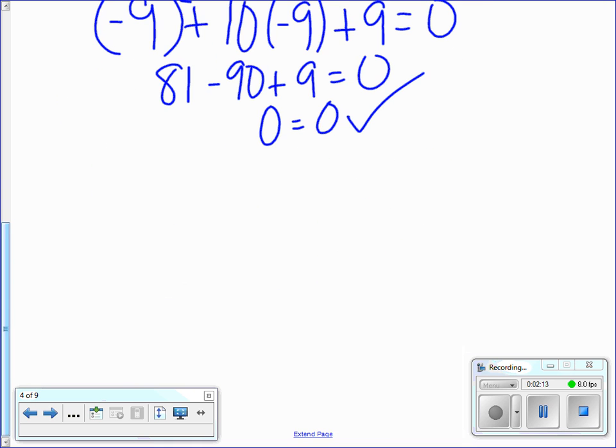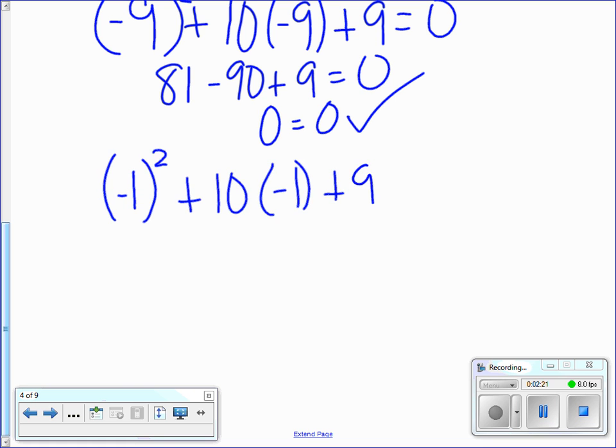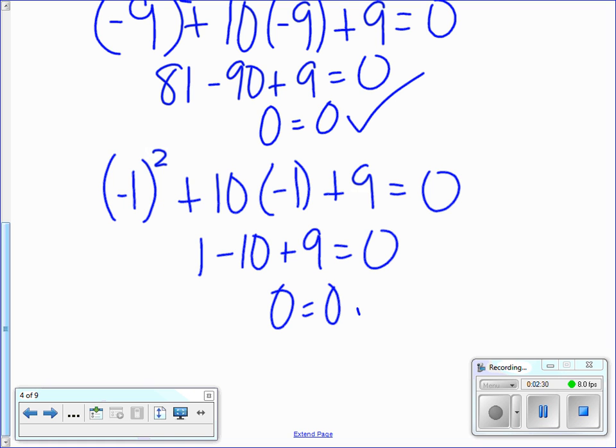Let's check negative 1. Negative 1 squared plus 10 times negative 1 plus 9 equals 0. So that's 1 minus 10 plus 9 equals 0. So 0 equals 0. So both of those numbers work in that equation.